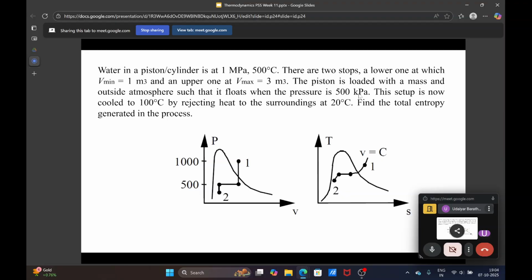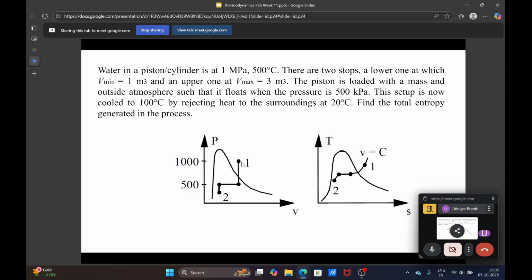Once it reaches 500 kilopascal, the piston then undergoes a constant pressure process. There is only volume change happening because at any point your pressures are getting balanced. So you'll have a constant pressure, and then once it reaches the second stop, the lower stop, which has a volume of 1 meter cube, there's again a constant volume process. That's what is shown in the PV diagram.